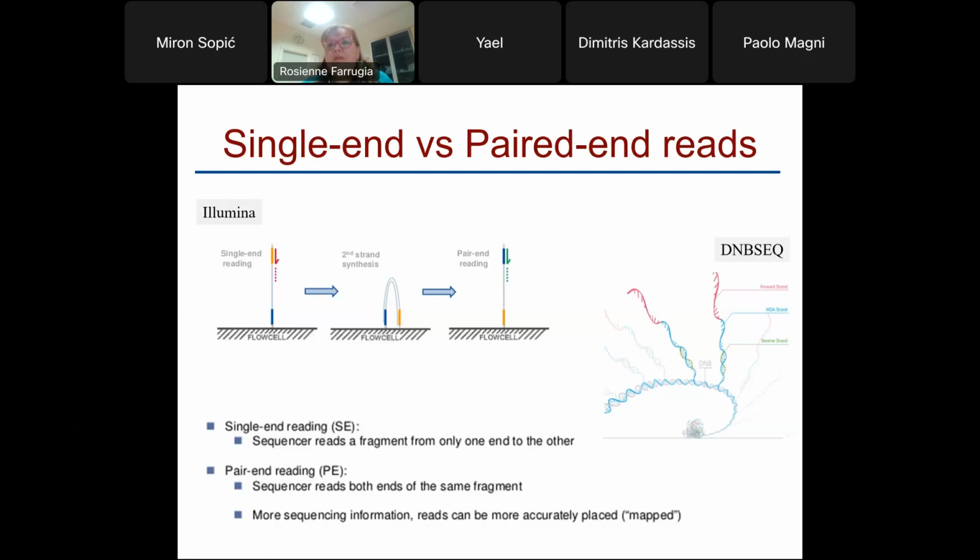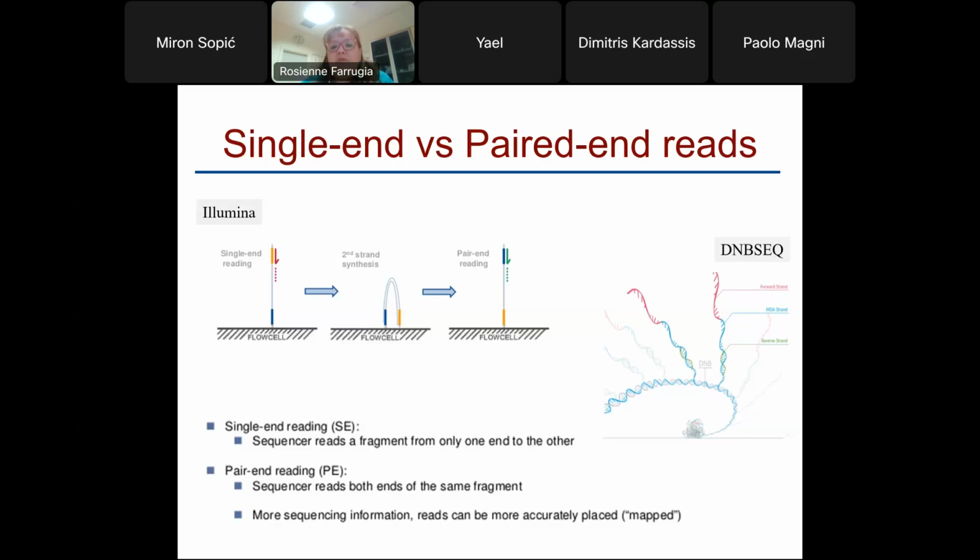But both methods, though they're different, will essentially give the same thing. 2 reads of around 150 base pairs, which are tethered in the sense that you know that they are within a certain distance of each other. And this makes putting it all together much easier.